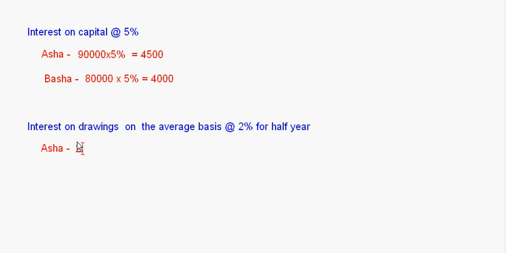For Asha, it will be 10,000 into 2% per annum for half year. So this will be equal to 10,000 into 2% into 6 upon 12.